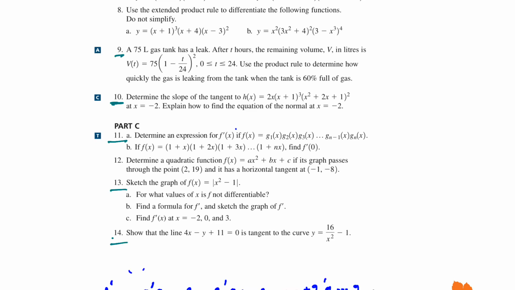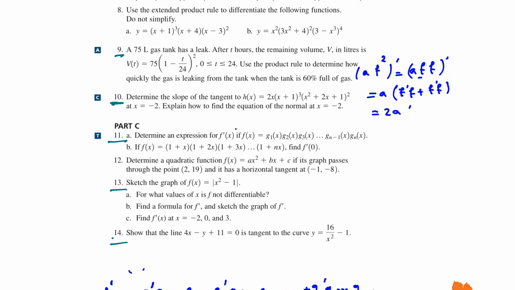Derivative of a times f to the power of 2, when f is a function of x, is the same as the derivative of a times f times f. A is a constant, so it would be a times the derivative of first, which is f prime, times second, plus the derivative of second, which is f prime, times first.